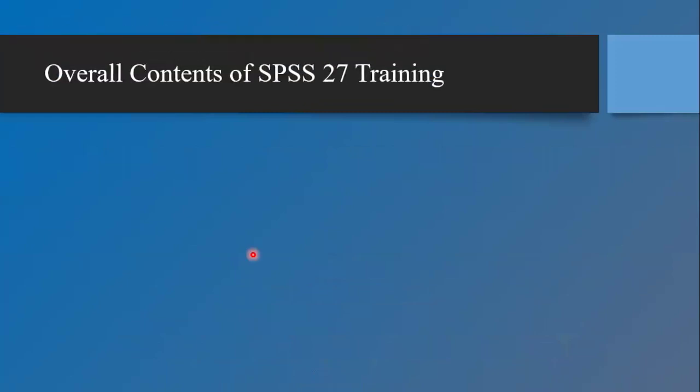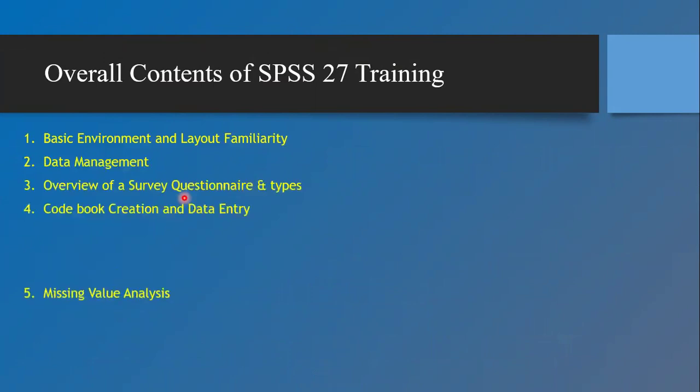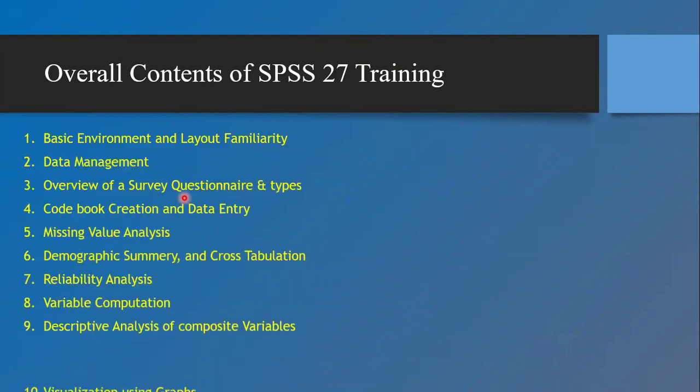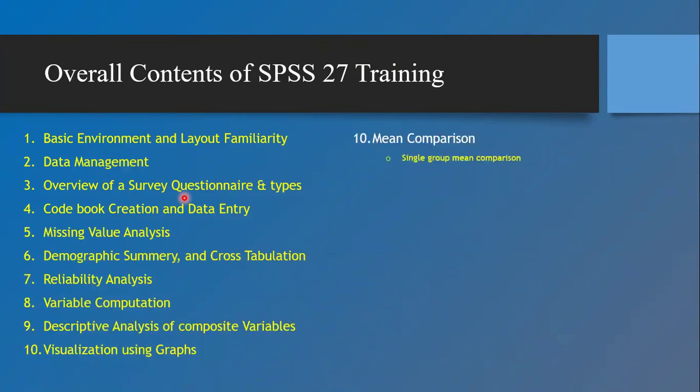So, what we have covered till today, these are the contents that we have covered, and I have highlighted these contents with yellow color. At present, we have covered single group mean comparison till yesterday under the topic of mean group comparison.